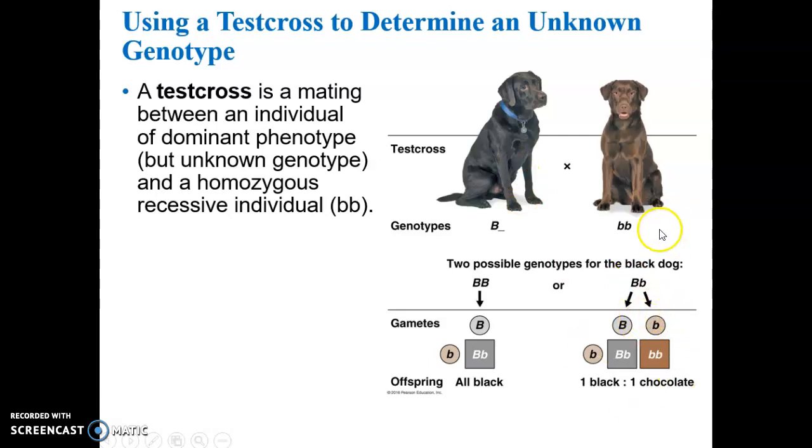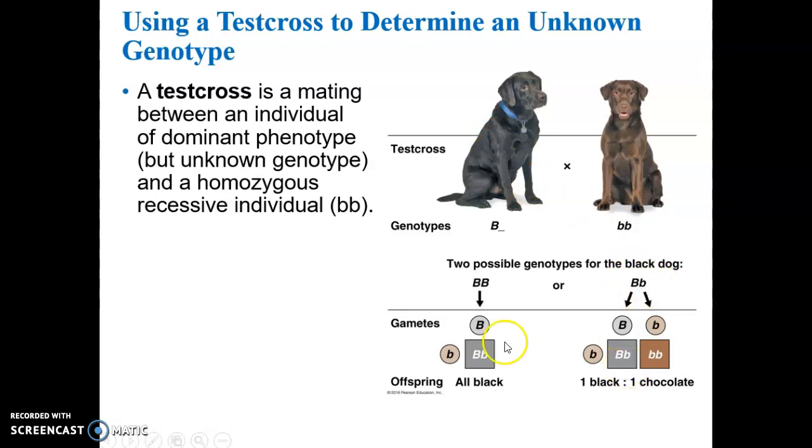So they have a litter, and as you know, dogs usually have more than one baby. They have 4 or 6 puppies, whatever. Let's say they have 2, and one is black and one is brown. Aha! The only way the brown will come up is if the black lab contributed a recessive allele. So if you do have a chocolate lab puppy, that means the black parent has to be heterozygote.